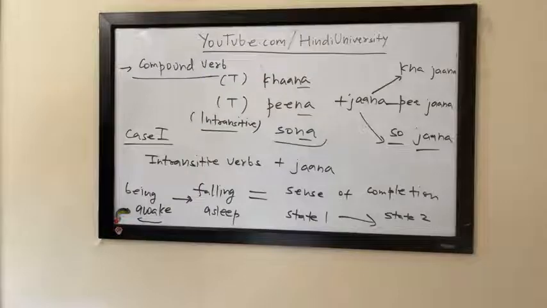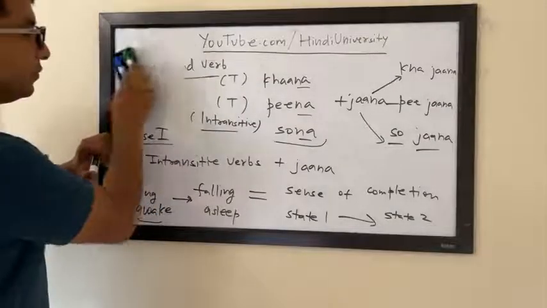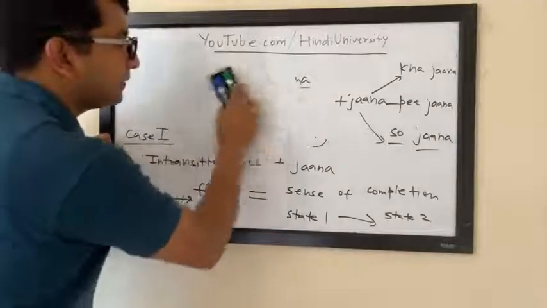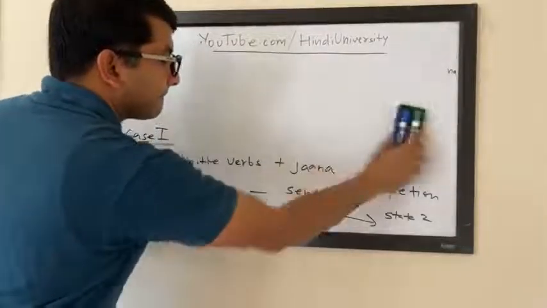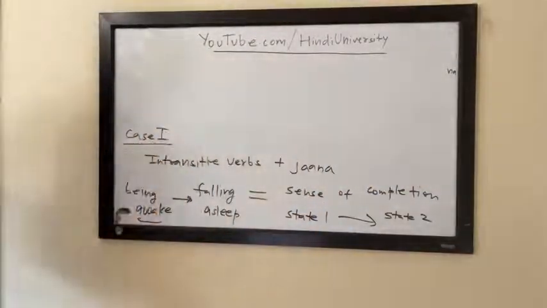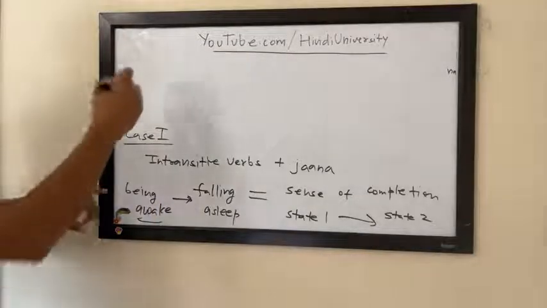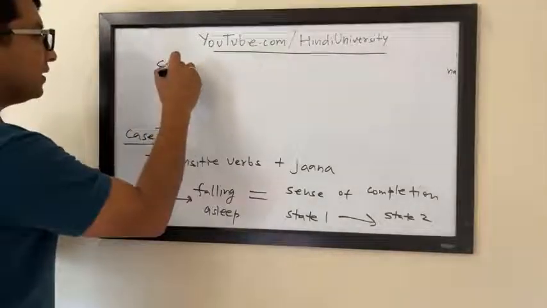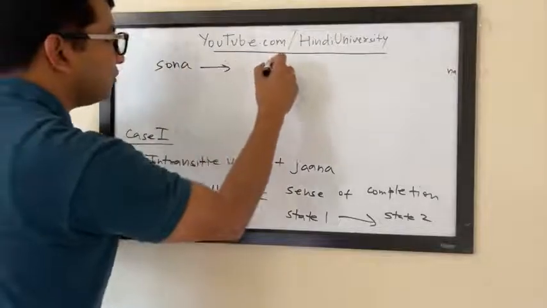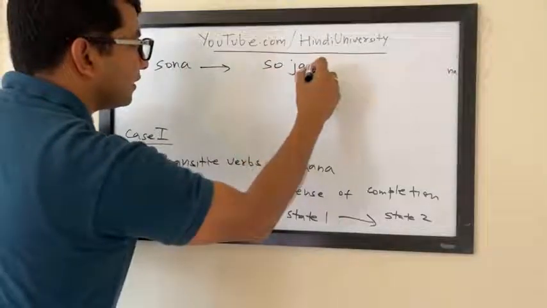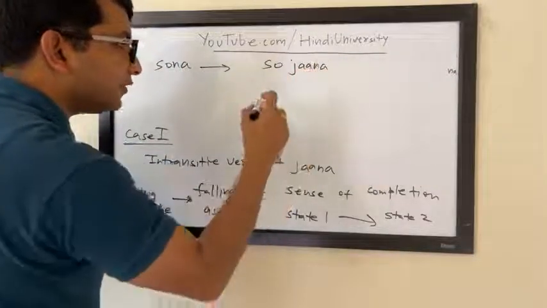Let me just erase this part. I hope you are able to write it down. So your base case here is sona, and from sona you went to sojana. Now this is the infinitive form.